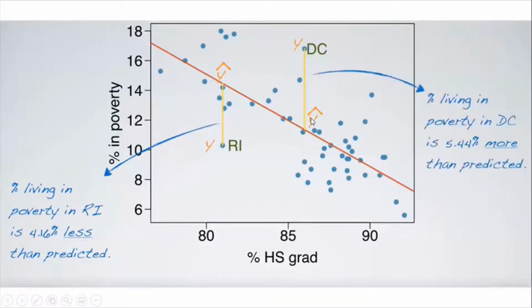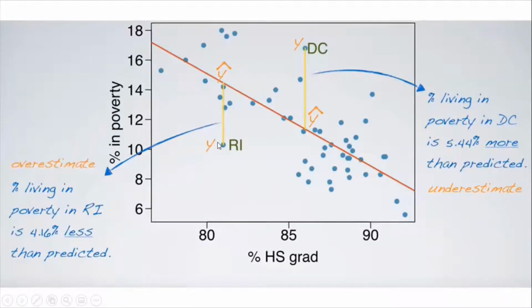Anyway, so let's see here. The observed value is Washington DC, this blue point, and the predicted value is here on the red line. And then the difference is called the residual. Residual is around 5.44%.